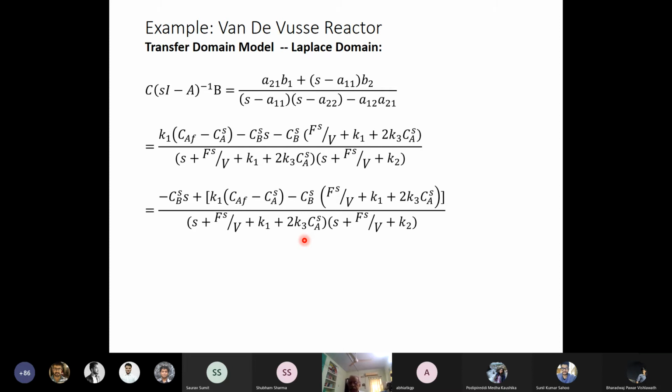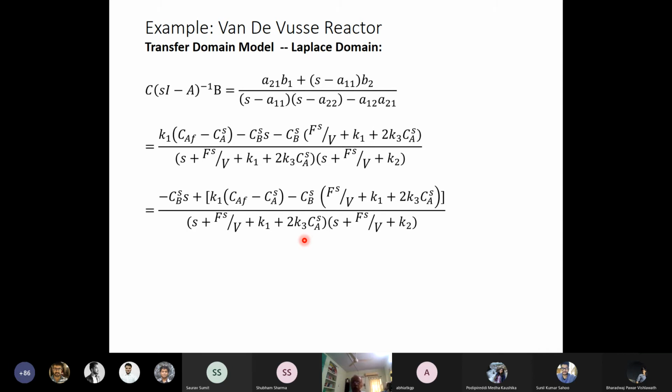Now, in actual practice, let's say for a process we have already developed a transfer function model from practical data or experimental data. So we have an existing process, on that existing process we have done some experiment, we identified input and output, and we have developed a transfer function model.